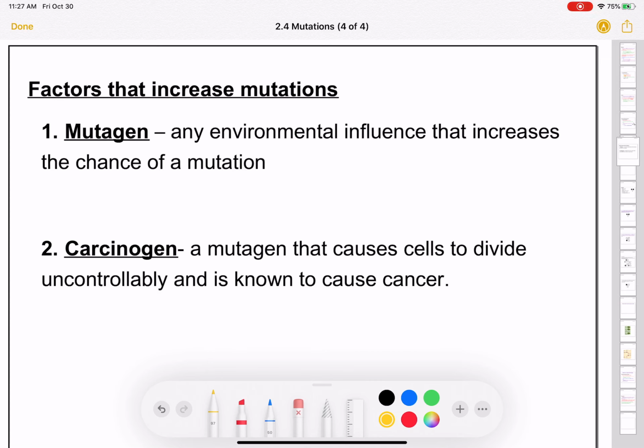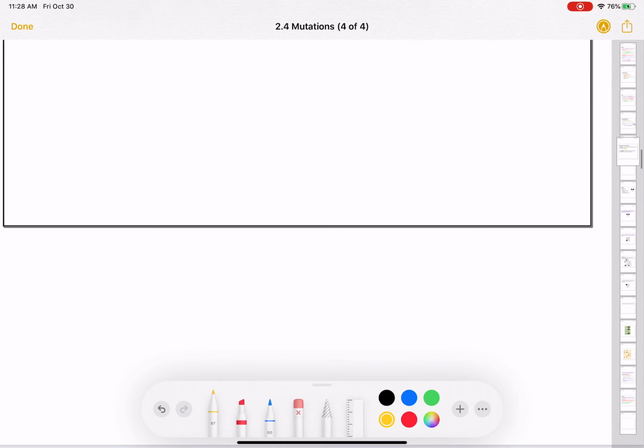So some sort of mutagen, when we think of this, we think of chemicals in the environment that are going to cause our body or our DNA to mutate. And then a carcinogen is a mutagen that causes our cells to divide uncontrollably and is known to cause cancer. So carcinogen, something that causes cancer.